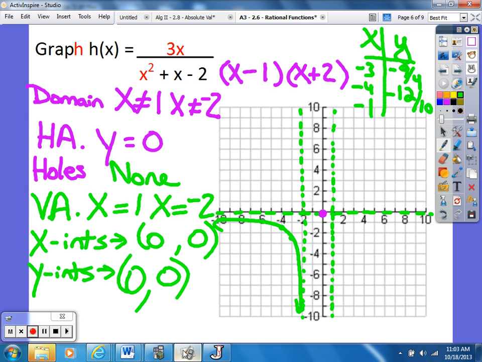And the top, if I plugged in negative 1, would give me negative 3. So I have negative 3 over negative 2, which is 3 over 2, which is also what decimal? 1.5. Okay.